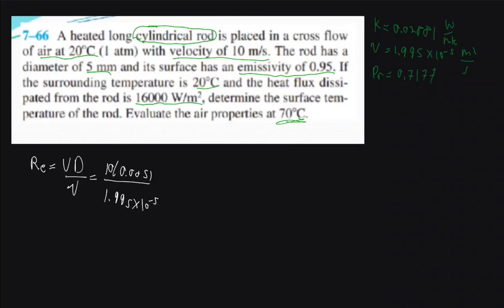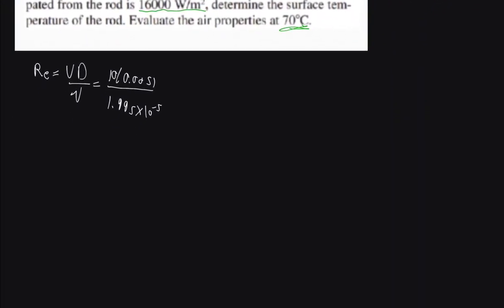Great. The next step is to calculate the Nusselt number. Again, there are two methods to do this. You can see how far off the table method is if you want to, but I'm going to use the formula.